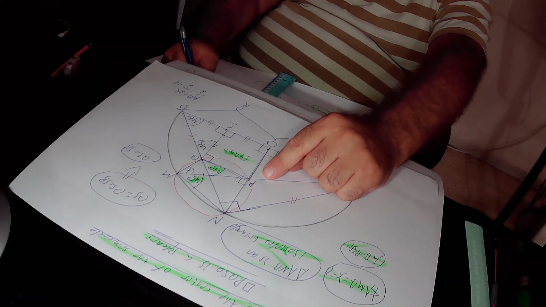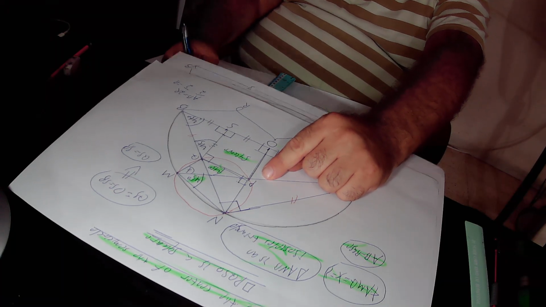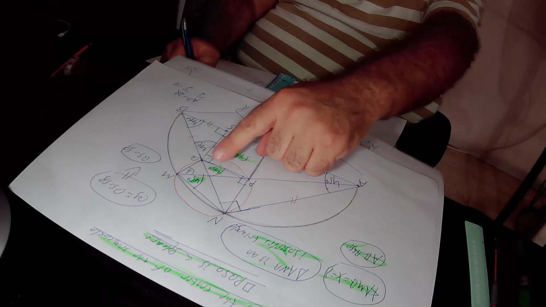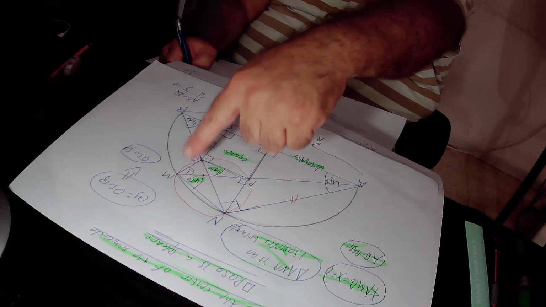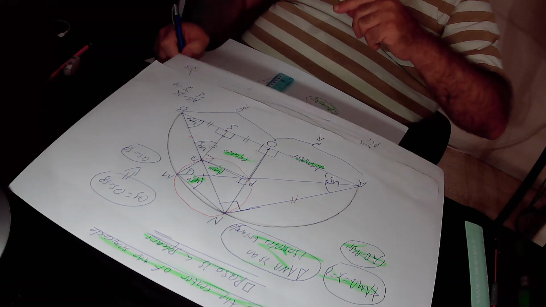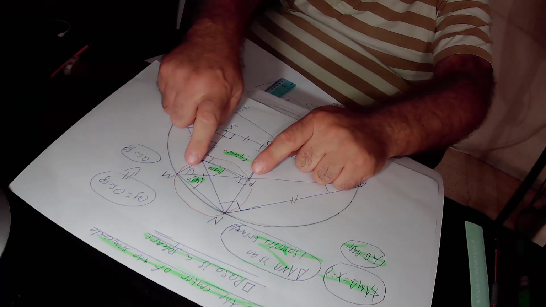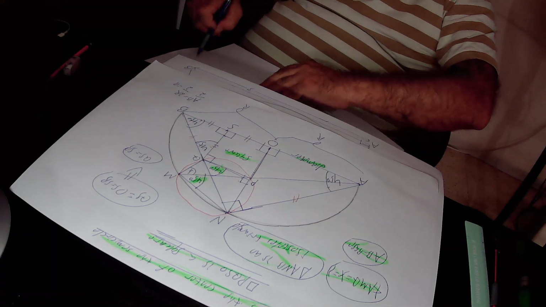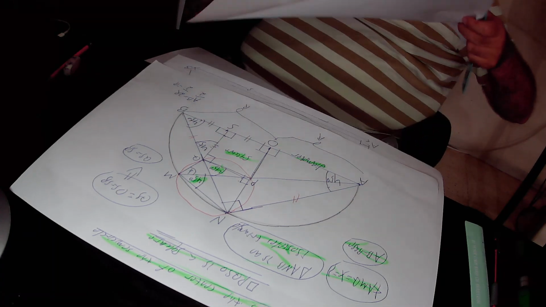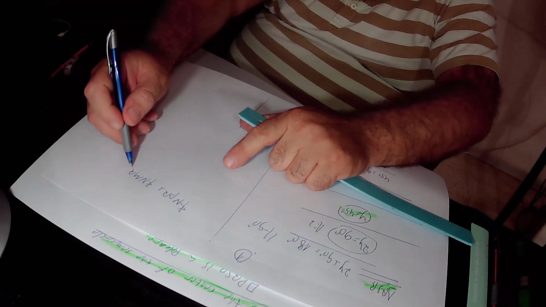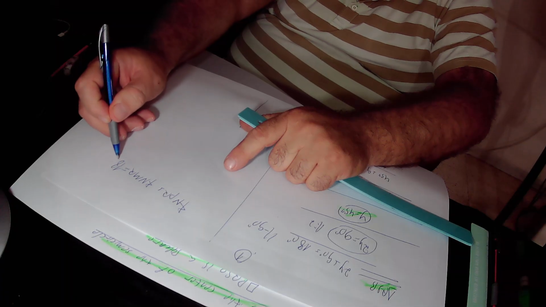So angle NPQ plus the opposite angle, which is angle NMQ. In total, the sum of those two opposite angles must be equal to 180 degrees according to the rule that I read to you.